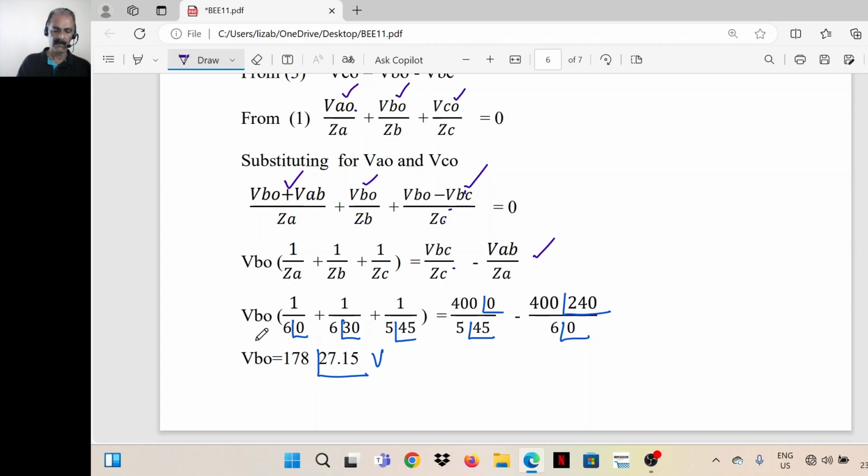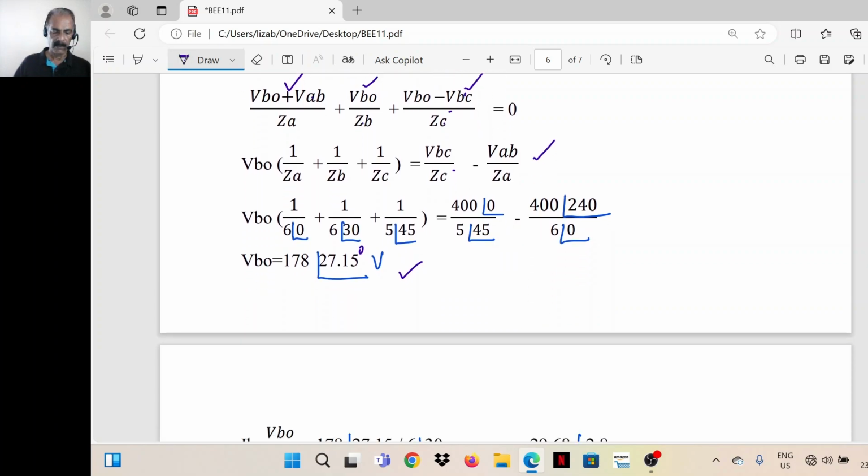So solve for VBO, you can get it as magnitude 178 volts at an angle of 27.15. That is VBO.